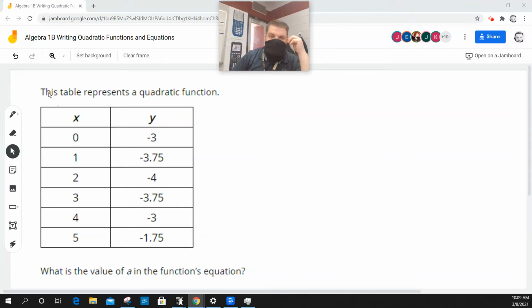So on this one, we have the table of values that represents a quadratic function. In other words, these points all exist: when x equals 0, y equals -3. When x equals 1, y equals -3.75.